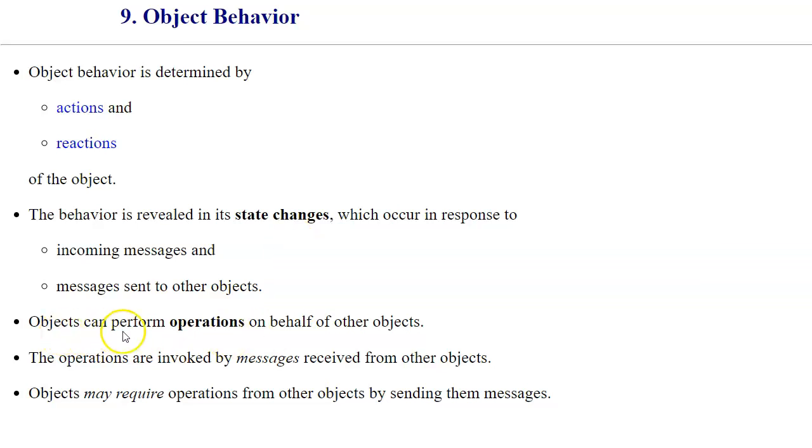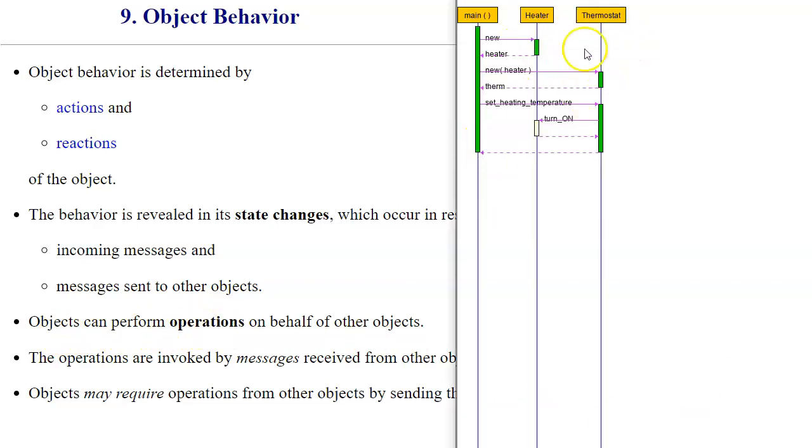So here we say objects can perform operations on behalf of other objects, and that again is demonstrated by this diagram where we were trying to demonstrate interaction between these two objects, heater and thermostat, that represent physical hardware.